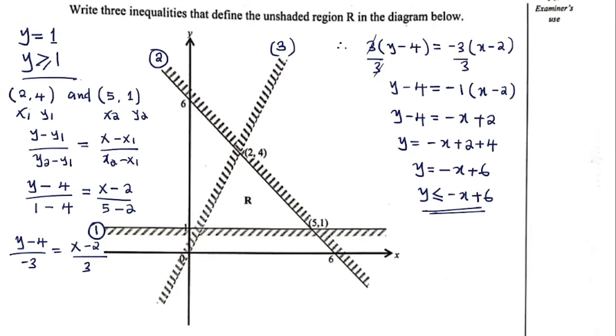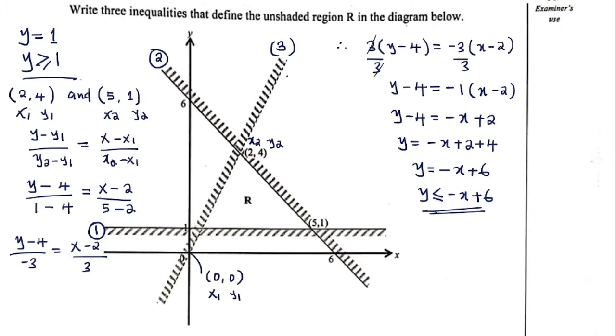Okay, which coordinates are we picking? Well, of course, we're going to get the origin, which is (0, 0), and we're also going to pick the (2, 4). So this being x1, y1, we're going to have x2 and y2. So how do we find the equation of that line?